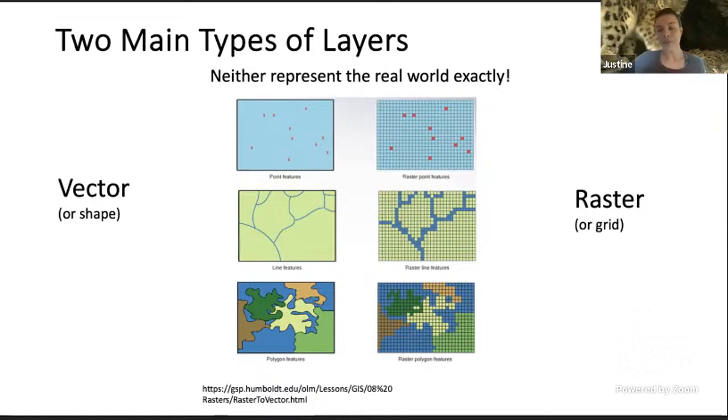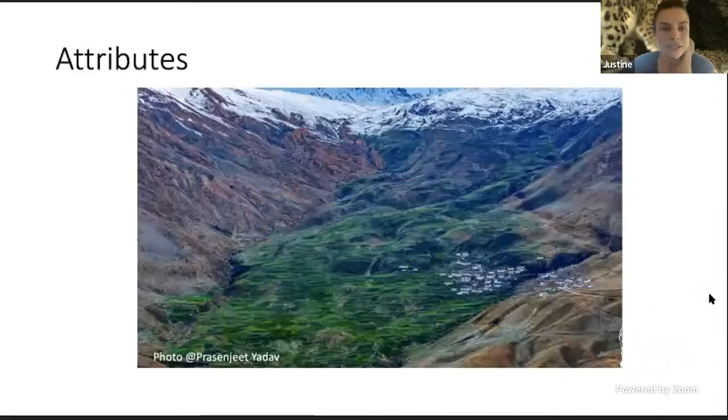NDVI, yes, if you want to look at the effect of climate change on grasslands or the productivity of the grassland in the area, you might use NDVI. Precipitation, super. So everyone, you guys are starting to get an idea that you can really do a lot of different information. EVI, super. So now we're going to move on.